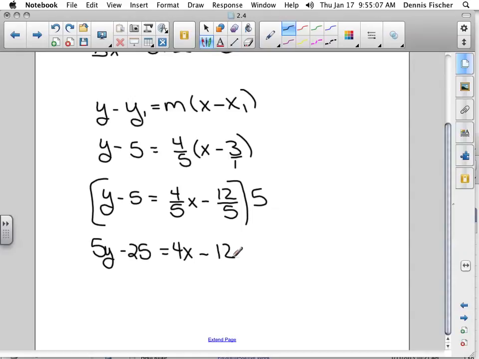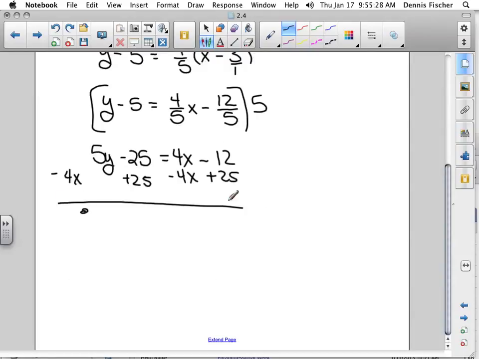Now, if I want to get x and y on one side and numbers on the other, what I'm going to do is subtract 4x. I add 25.